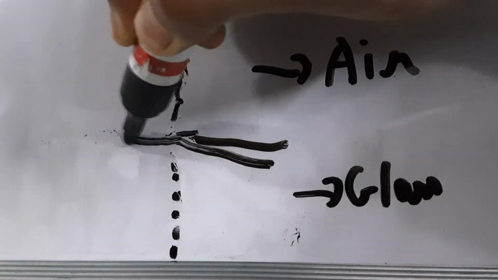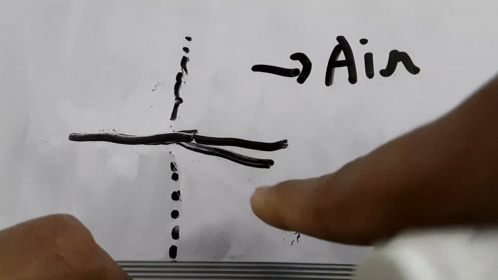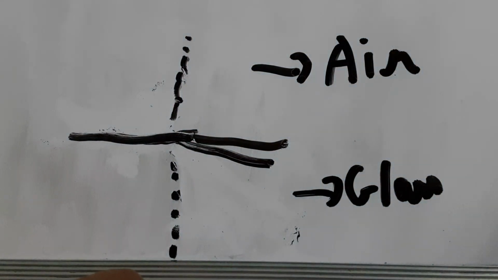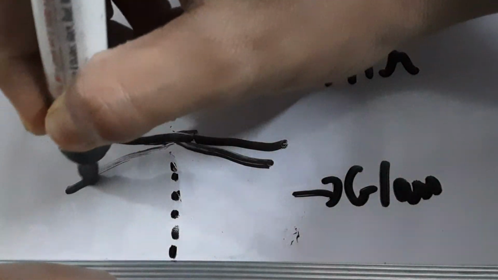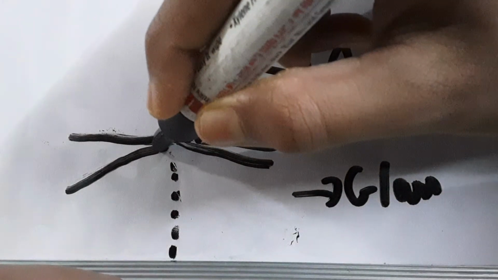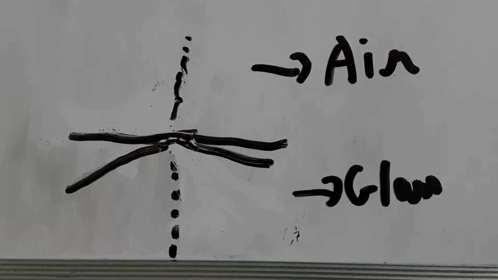There will be no refraction. Here, as this is the incident ray which is more than the critical angle, the refracted ray has made a 90 degree angle. If we go further than that, then it would reflect back in the same medium, something like this.